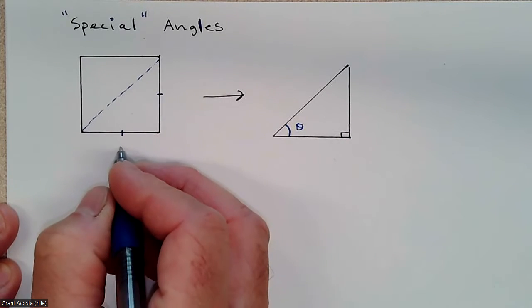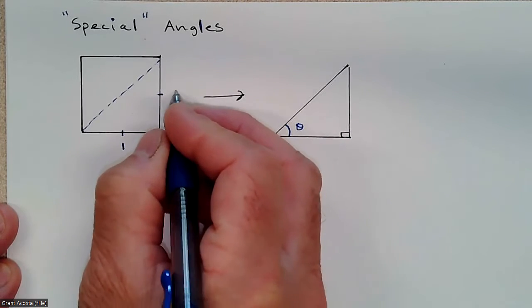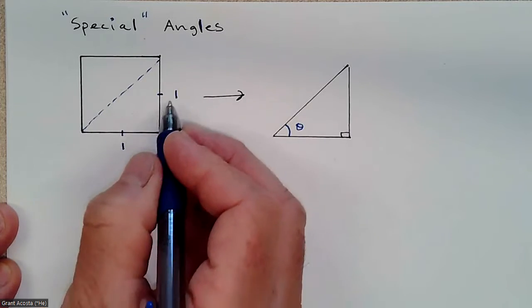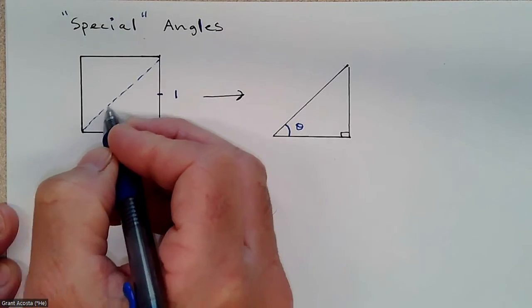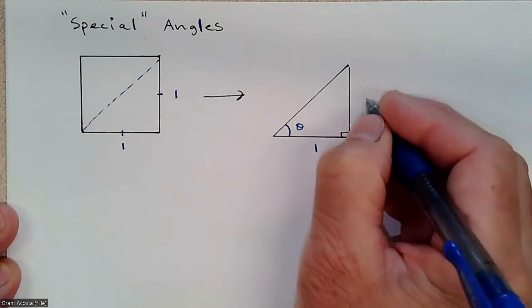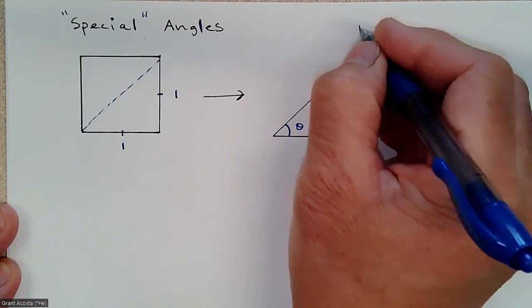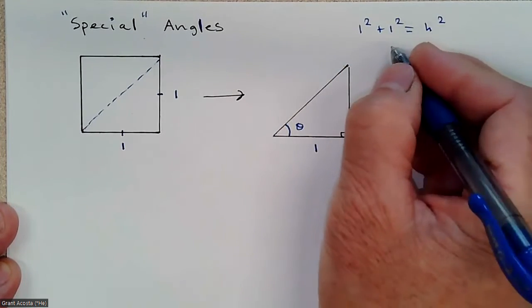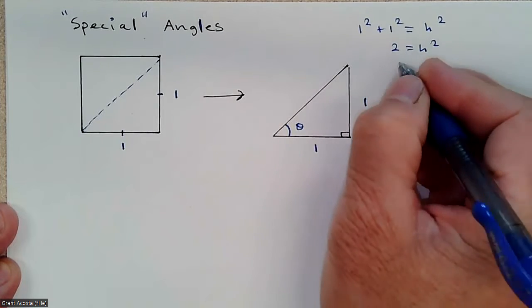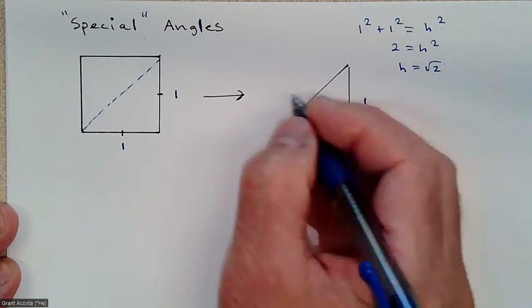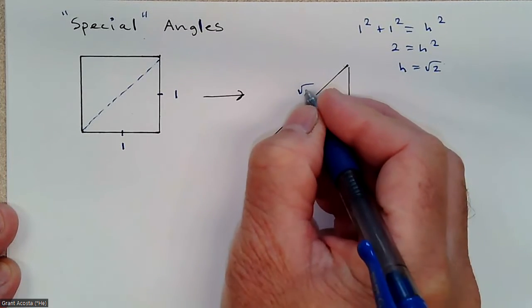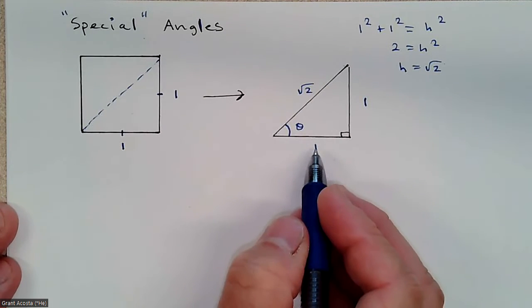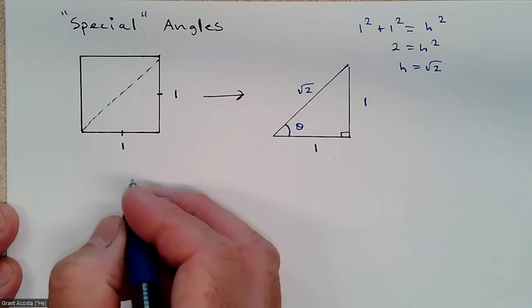So if we had a square here, let's say that this side was 1 and this side was 1. If we do the Pythagorean theorem to figure out what this hypotenuse is, we can always go 1 squared plus 1 squared equals the hypotenuse squared. That's 2 equals h squared. So h would be the square root of 2. And see, now we have all 3 sides of this triangle.